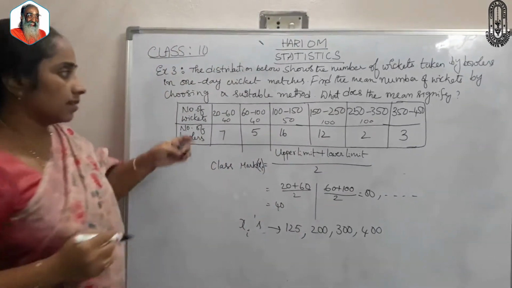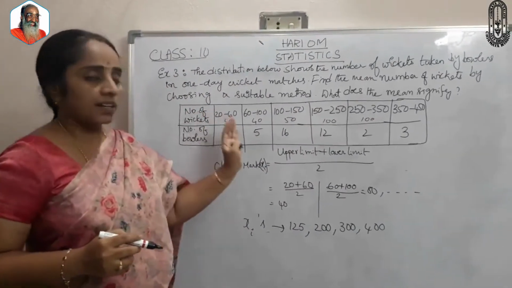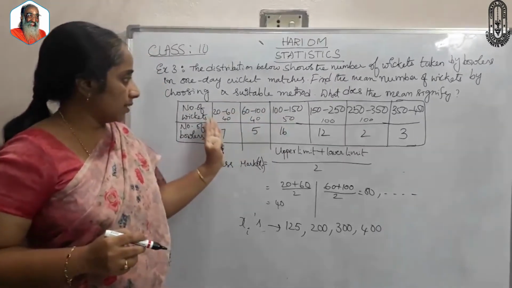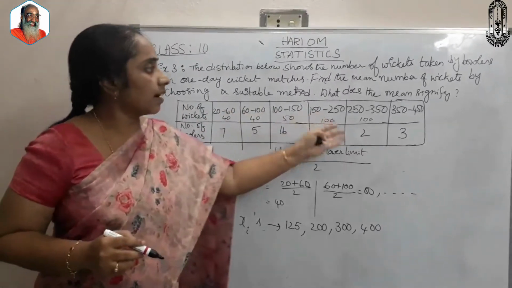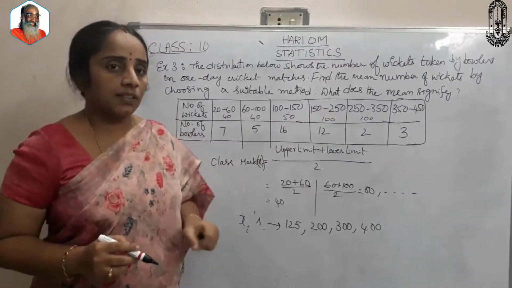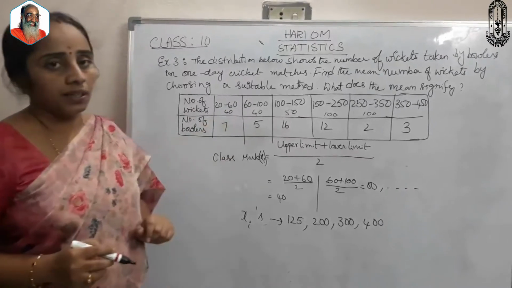So the class sizes are varying: 40, 50, 100. So the exact suitable method is the step deviation method only.